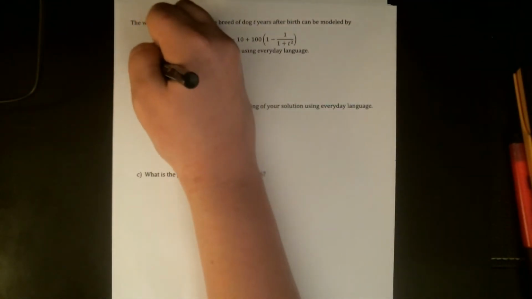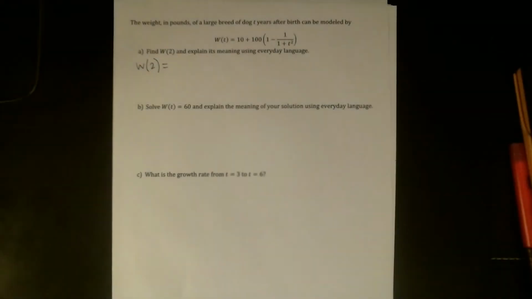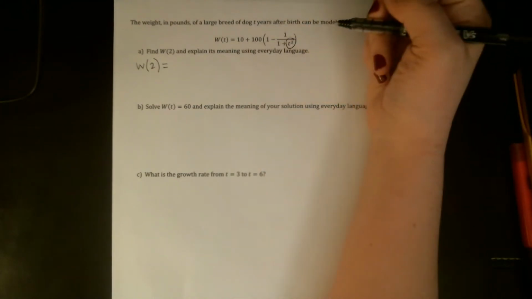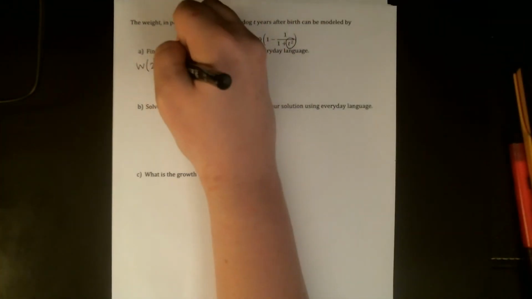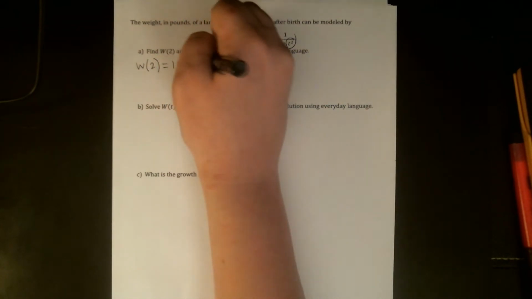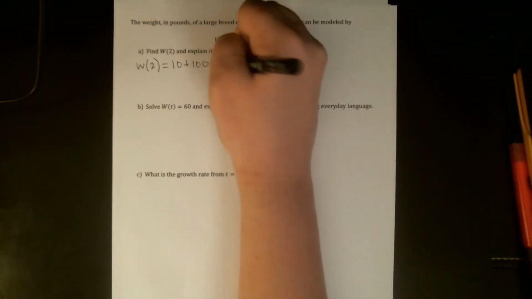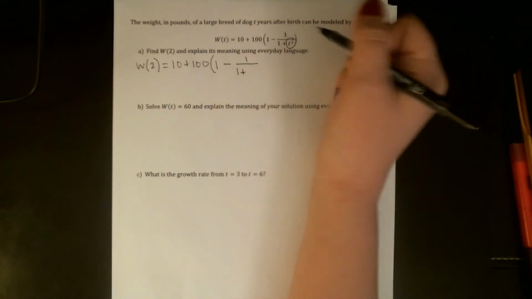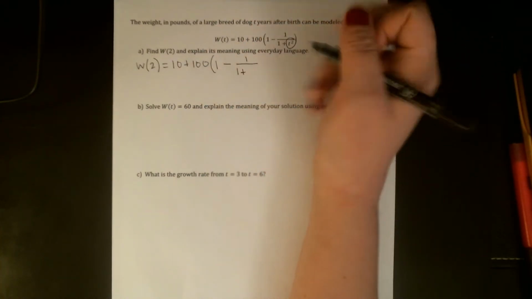So w of 2, this function takes whatever we give it and plugs it in right here. So the rule is it's going to take 10 plus 100 times 1 minus 1 over 1 plus our input squared. Our input was 2, so 2 squared is 4.